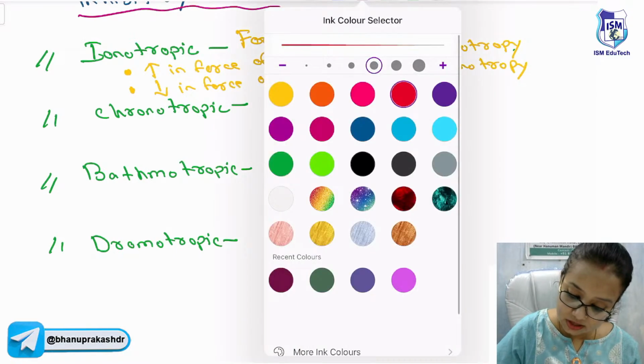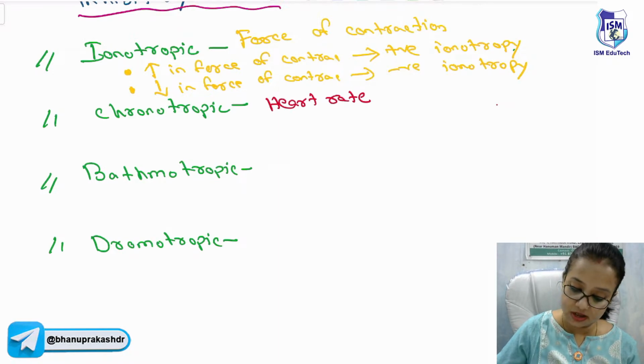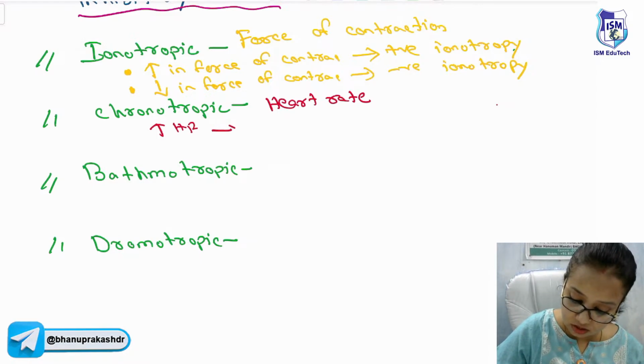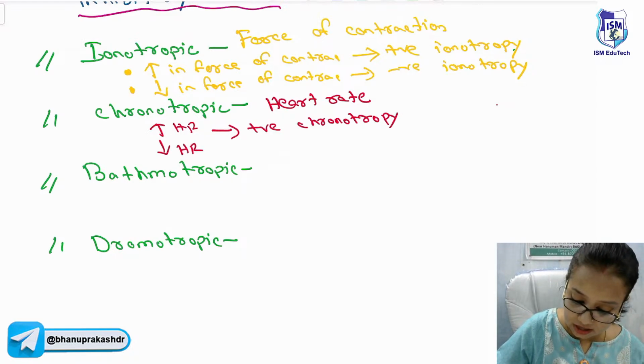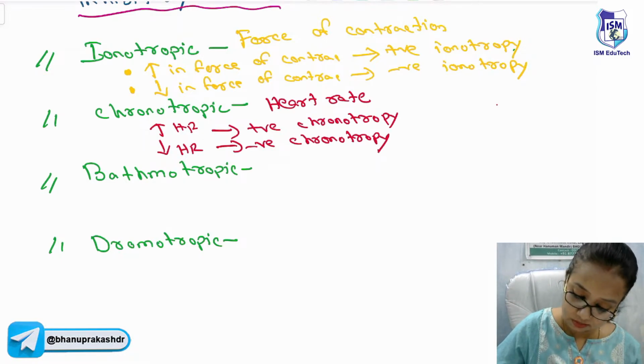Chronotropy means the heart rate. Similarly, increase in heart rate is called positive chronotropy, and decrease in the heart rate is called negative chronotropy.